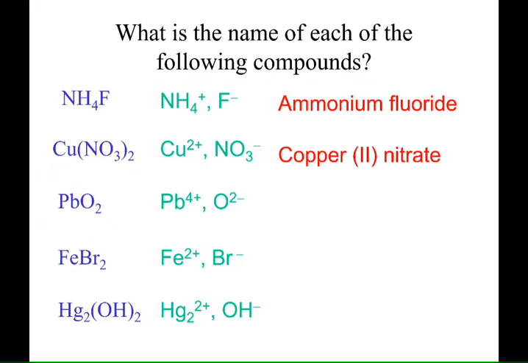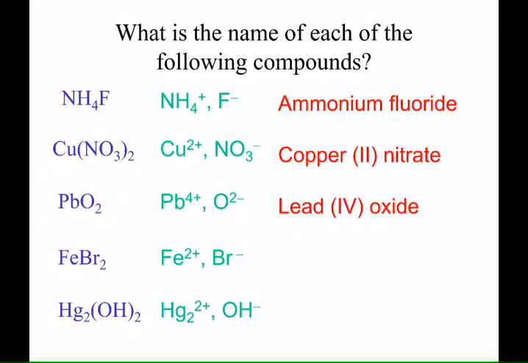Very good. Do we use Roman numerals for lead? Yes. So lead 4, remember that's where the V, of course, is 5, and if you put something before it, it means you subtract it. So actually, that's 4. So it's going to be lead 4 oxide.